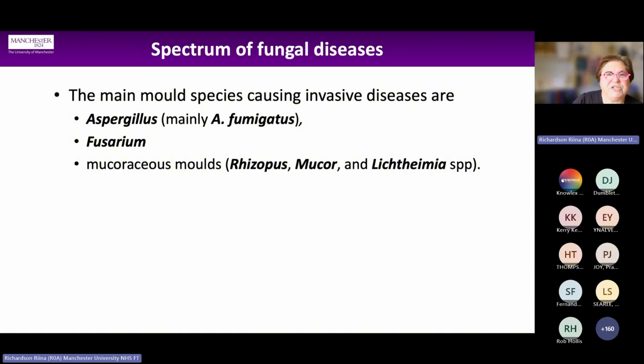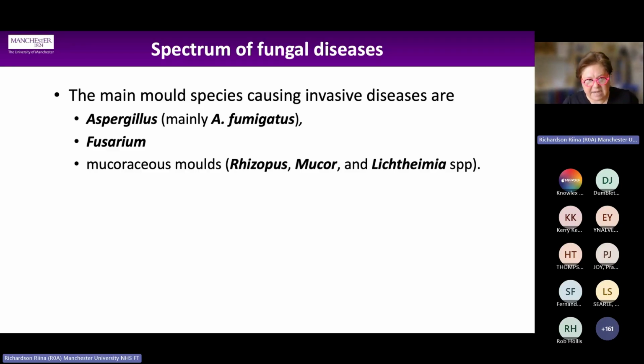Now, looking at the species level, what are the most common causes of invasive disease? For invasive diseases, mainly Aspergillus fumigatus in Central and Northern Europe, slightly different when you go to the Middle East and south from there. Fusarium definitely is one of the important molds, and then some Mucoraceous molds are able to do this. We talk about Rhizopus, Mucor and Lichtheimia species.